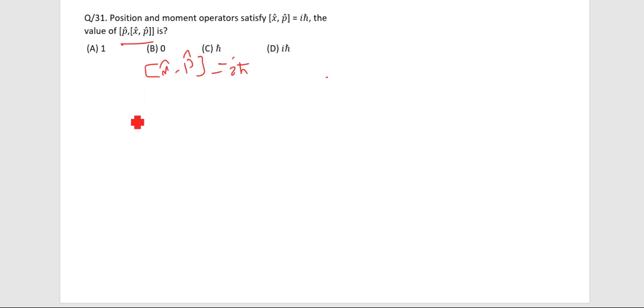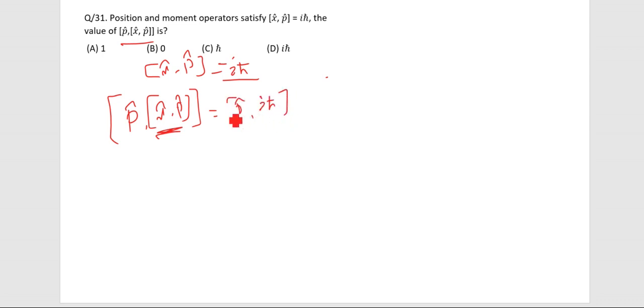First thing, p cap, then the commutator of x cap and p cap; in this place I can put this value i h cut. So p cap into i h cut. Look, i is iota, which means root of minus 1. H cut is a constant, and when any function is commuted with a constant, its value is 0. So the answer is option B.